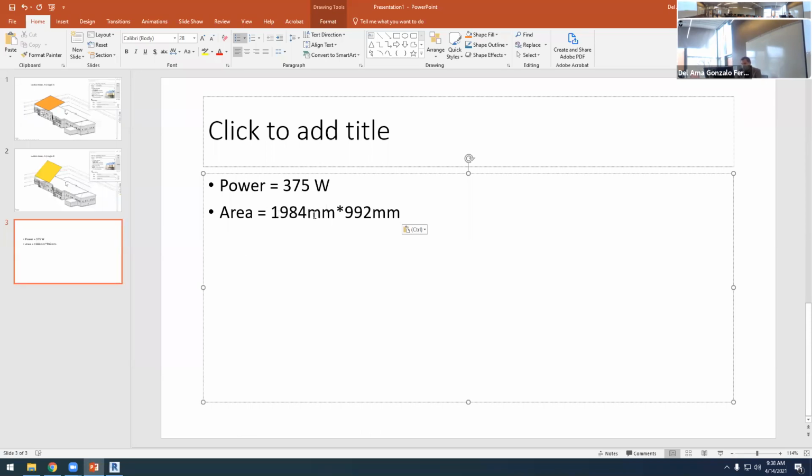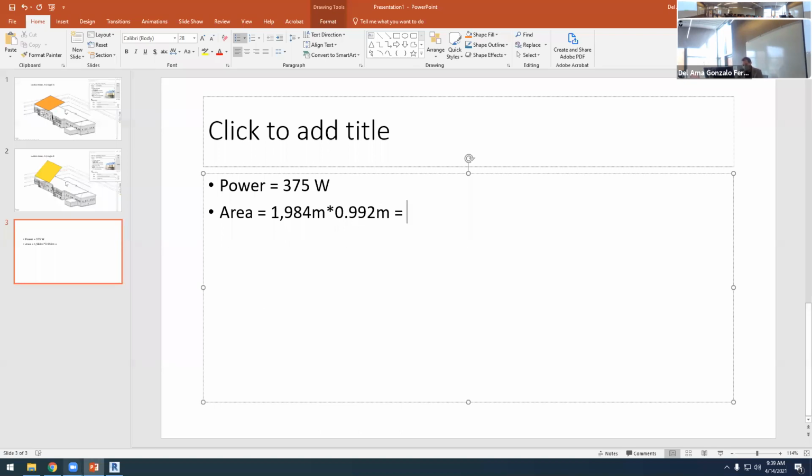This is millimeters, so we have to divide by 1,000, and then we have meters. This is around 2 meters by 1 meter. It's around 6 by 3 feet. So it might be different, but usually all these panels are 3 by 6 feet or 2 by 1 meter.